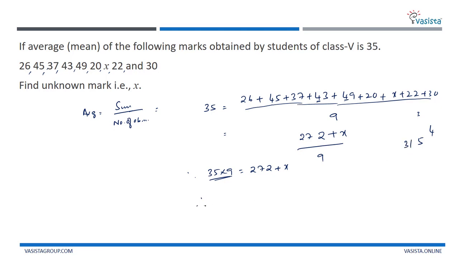So therefore x is equal to 315 minus 272. Now 5 minus 2 is 3, 31 minus 27 is 4. So the value of x is 43. Right, the unknown mark is equal to 43.